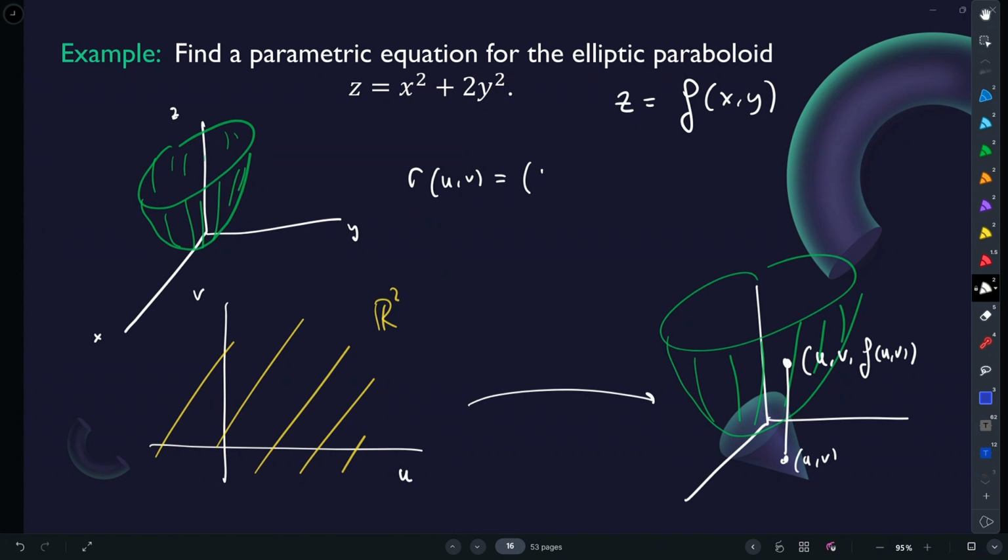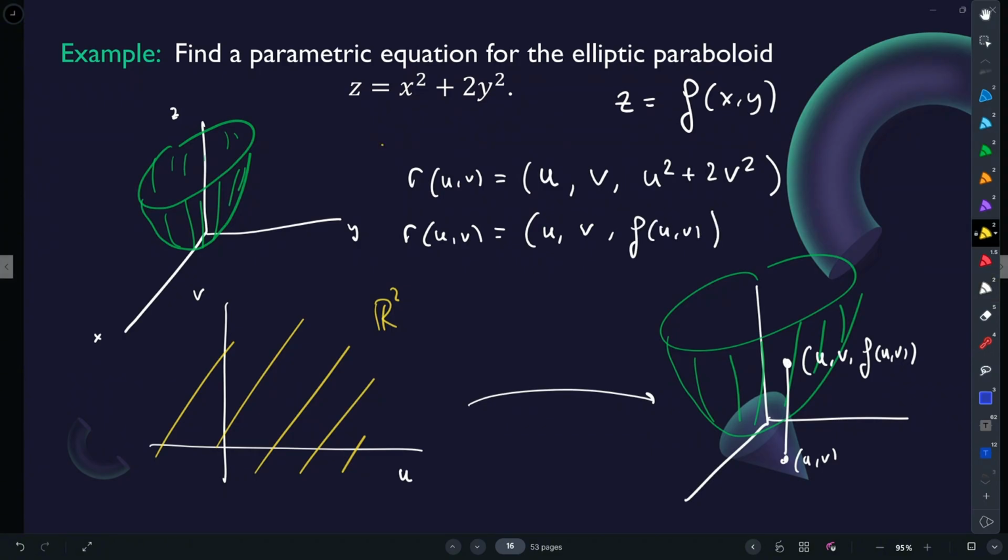So in this case, the parameterization is u, v, and then u squared plus 2v squared. And if you want to do it for any graph of a function, you can always do u, v, f of u, v. That parametrizes the graph of a function.